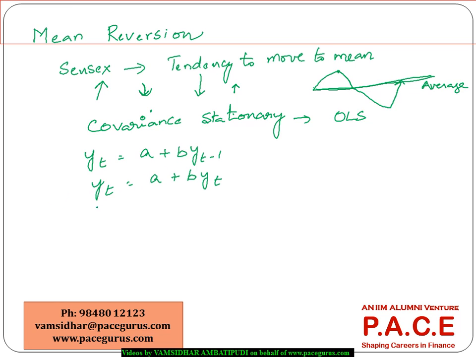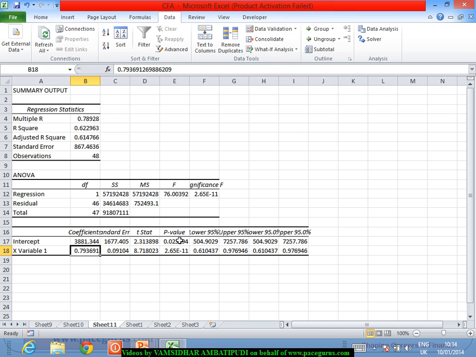So it comes out that yt into 1 minus b equal to a. From here, the long-term mean reversion level will always come out as a divided by 1 minus b. If it is experiencing that kind of mean stationarity level, in this case a, which is the intercept, divided by 1 minus the coefficient, that is the mean reversion level.